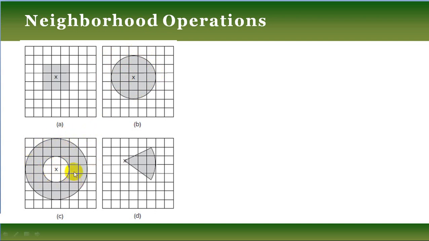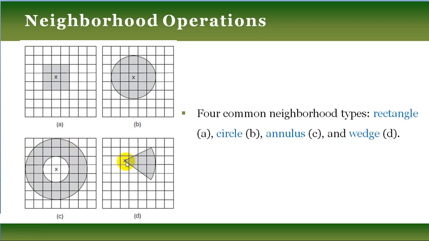Surrounding cells are represented by gray color. So for common neighborhood types, as I told you in the earlier slide: rectangle, circle, annulus or wedge. This is a rectangle, although you can consider it a square shape, called either square or rectangle.